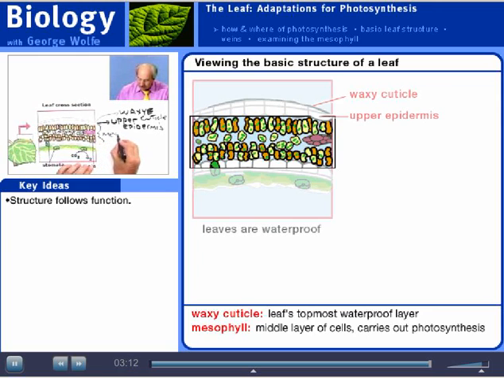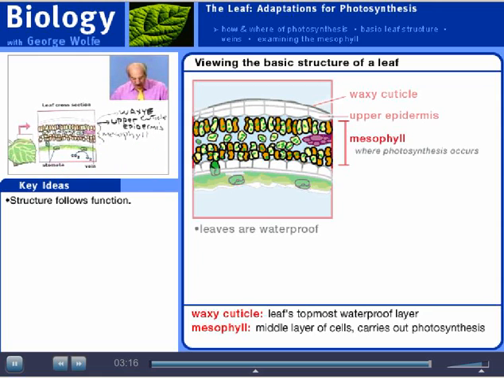Meso, middle, layer, mesophyll. And I want to talk about that mesophyll in a little more detail in a second, but I want to work my way down through the leaf. Now, below the mesophyll, remember, that's your business end of the leaf, we have a lower epidermis.